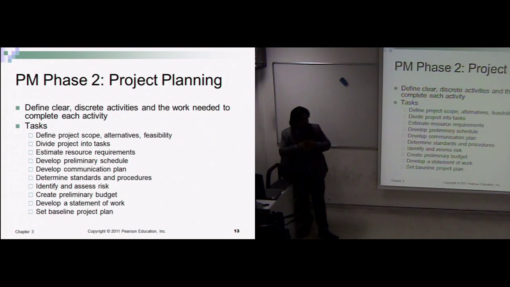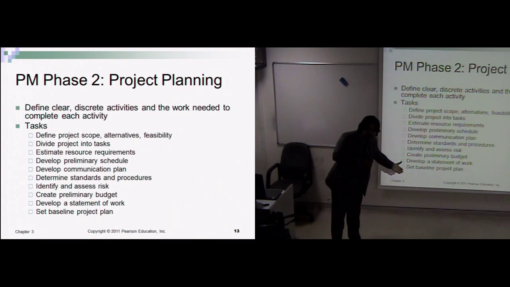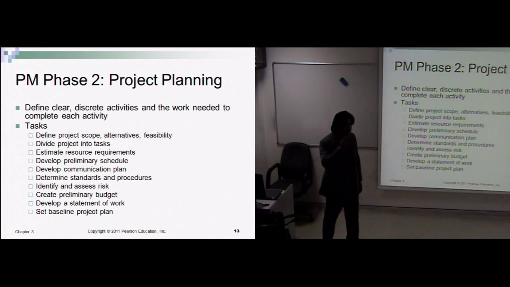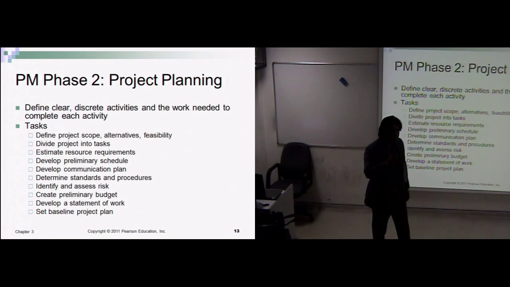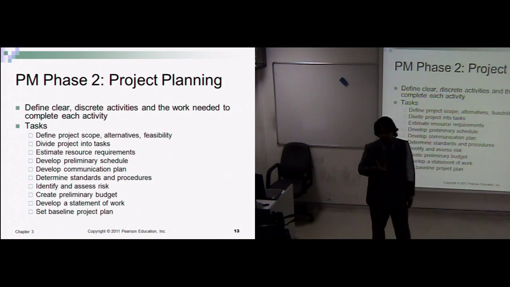So you can see that project planning has a long list of things to do. You have to keep in mind these things. How you are going to plan it is a different thing. Regarding the main objectives of project planning, you should not ignore or overlook them.